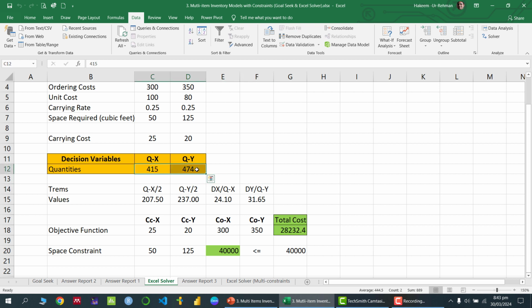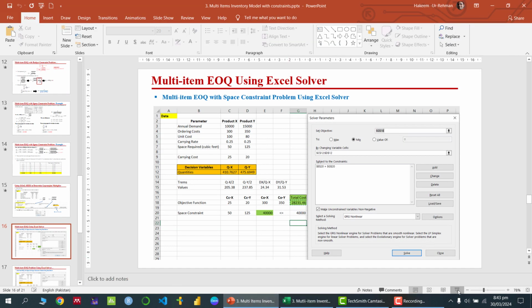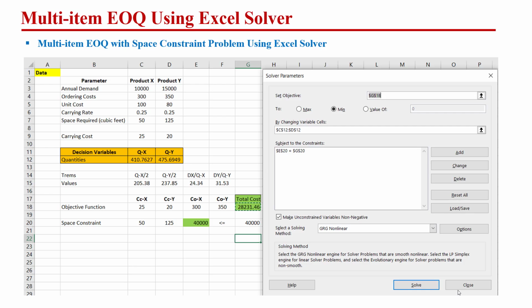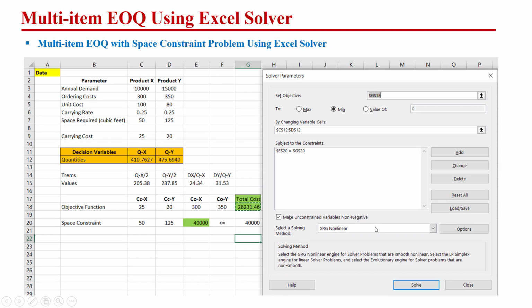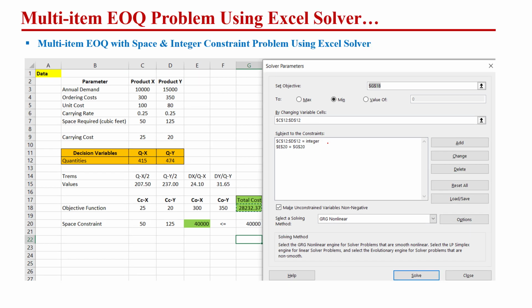I hope you got the idea regarding the multi-item EOQ model with a single restriction problem. So this was without integers, and this was with the integer restriction.